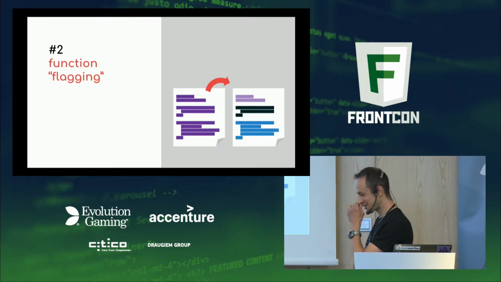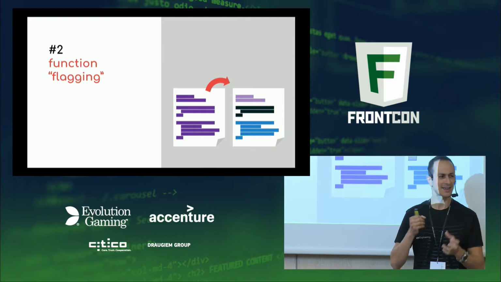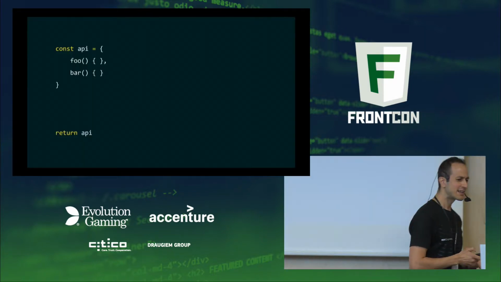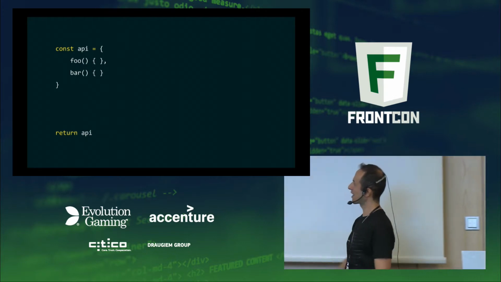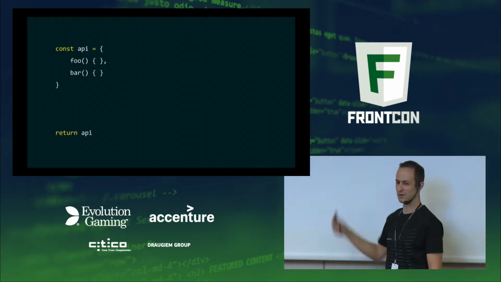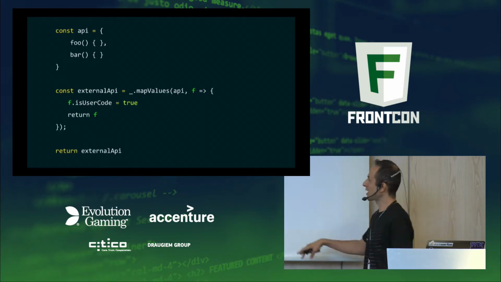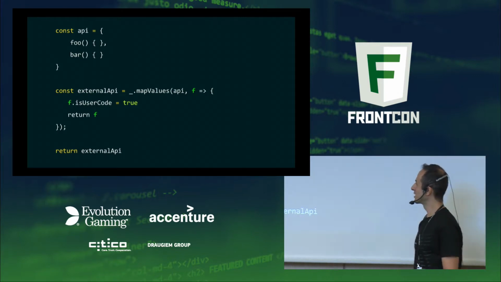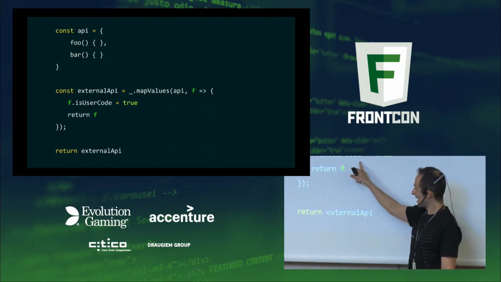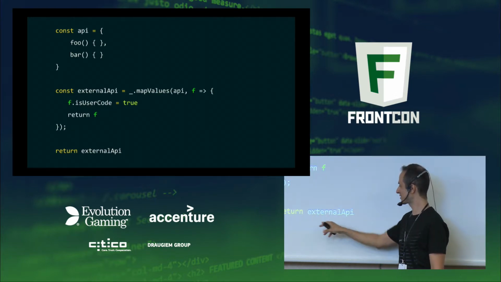The other thing that we thought about is maybe we can somehow flag a function. Let's see how it looks. So if we have this API object with those two methods or more, we can run something like map values on the API object, and for each function, we will add a flag on that function and return f.